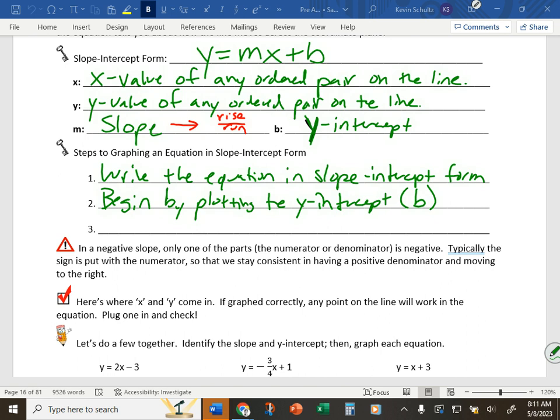Also, that's because you move using the slope to find a second point. Okay? You move using the slope to find a second point. So you begin with the b value, you move with the m value.